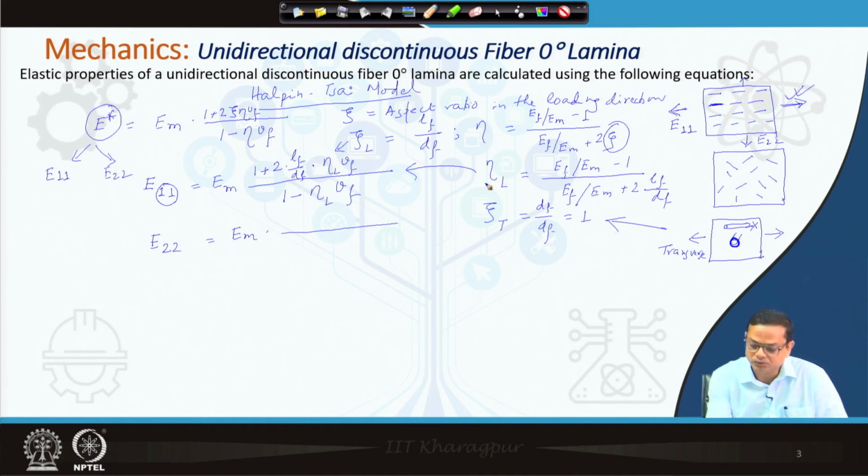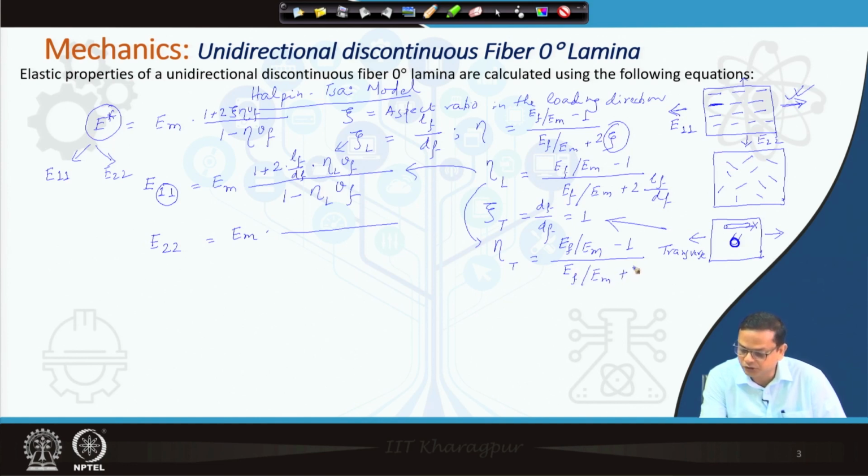Similarly, if you consider the eta T value, that is the eta value in the transverse direction, it will follow the same equation. It will be Ef over Em minus 1, there is no change here. However, in the denominator it will be Ef over Em plus 2, because now Lf by df is equal to 1, so basically it is 2.